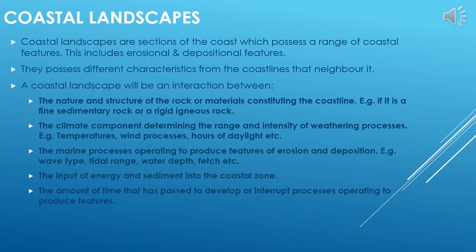We've got different things that are going to affect the landscape, like the rock type, the climate, the different processes you've got going on there, the amount of energy that is there, and the amount of time that it has been developed over. So have a read through them. Take some notes, add your own points in there.